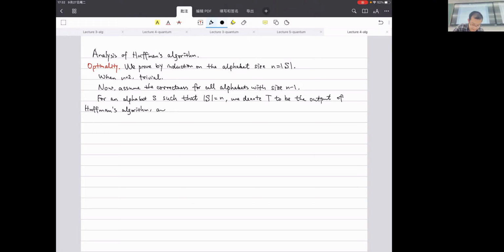I guess we use the previous notation, so we denote Y star and Z star in S to be the two lowest frequency letters.